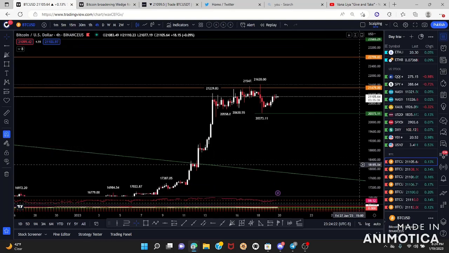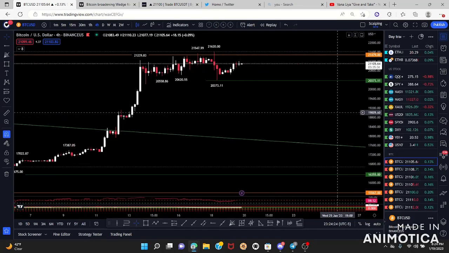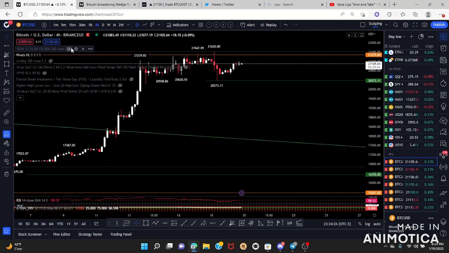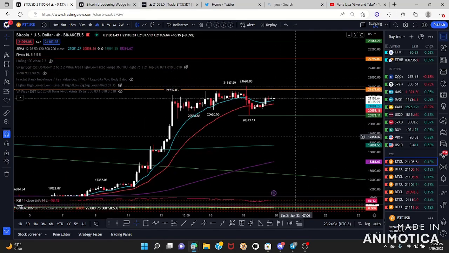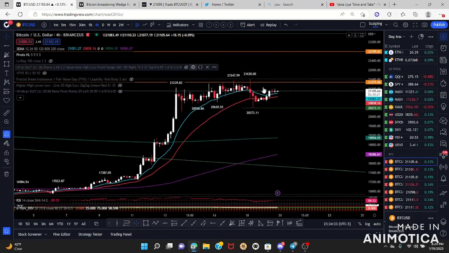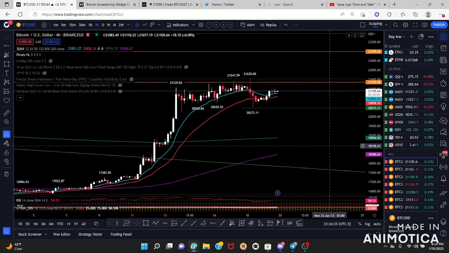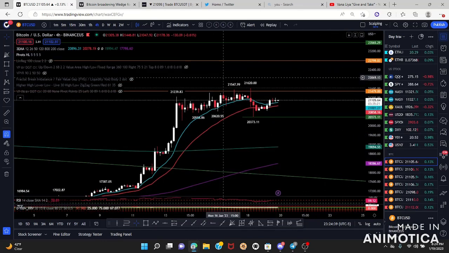But I like to reassess, like I said, especially if my 12 and the 26 is telling me a different story. So just based on the fact that the price action is above the 12, it gives me a bullish sense.